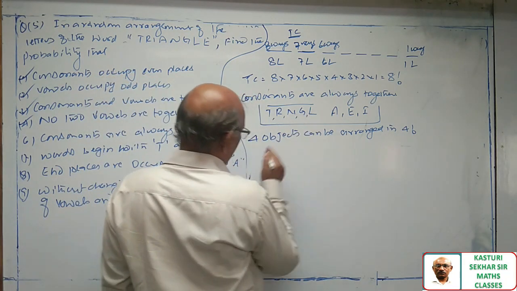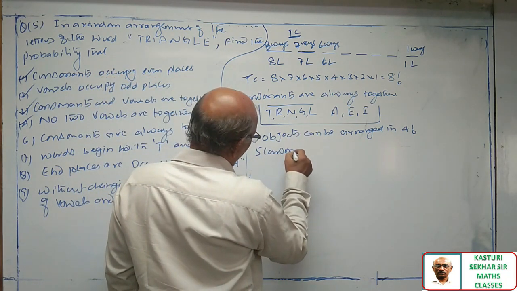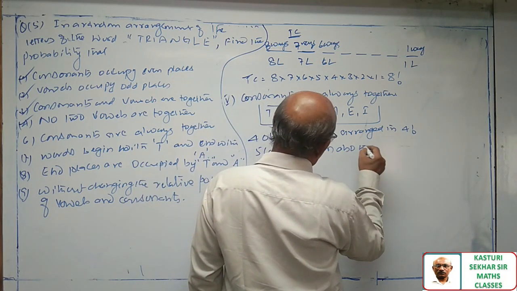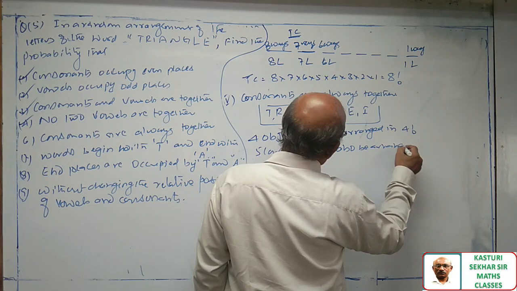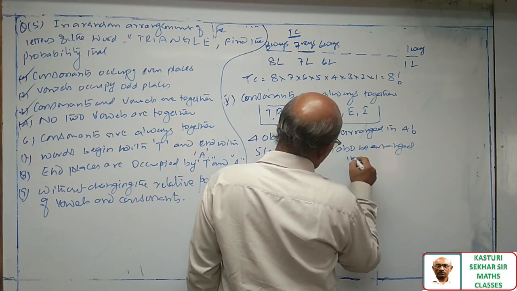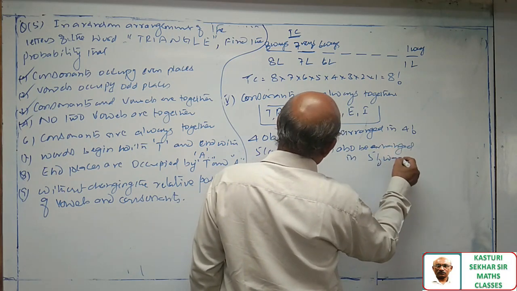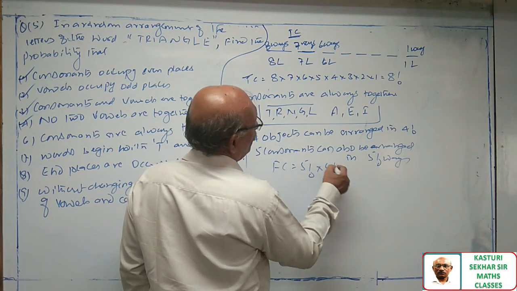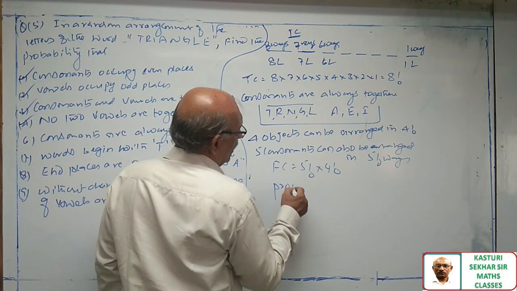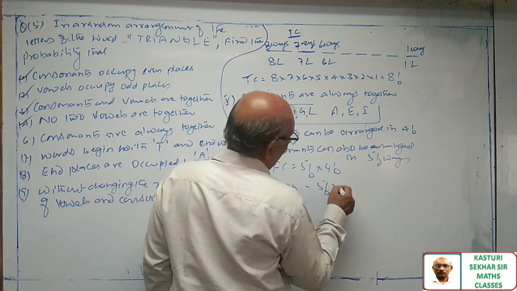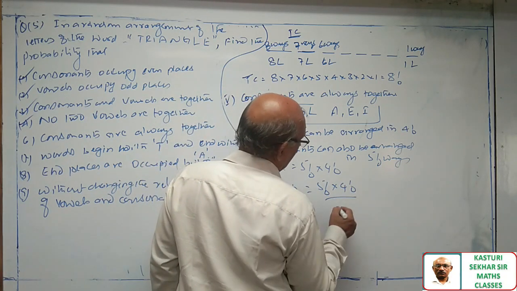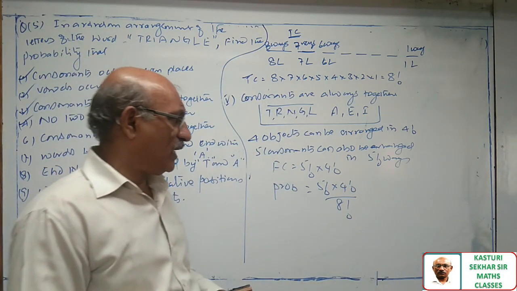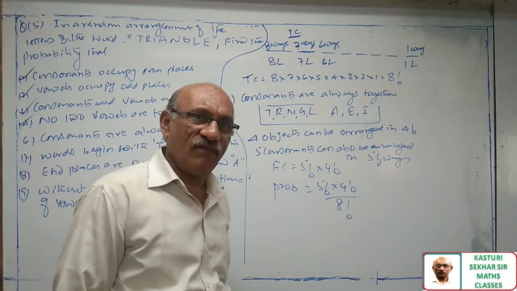5 consonants can also be arranged in 5 factorial ways. So favorable cases 5 factorial into 4 factorial. Probability is equal to 5 factorial into 4 factorial by 8 factorial.